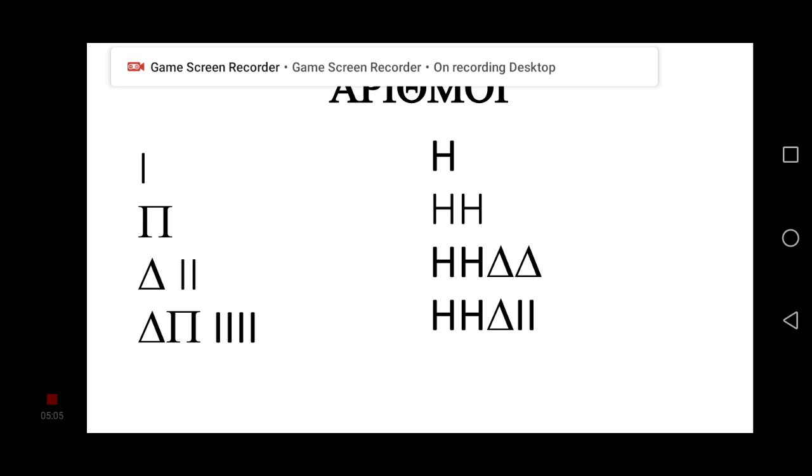Now, arithmoi, sorry it's got a little bit cut off with the banner there. Arithmoi are the numbers. Now, these are not modern Greek numbers. These are actually one of the forms of ancient Greek numbers. There are two major counting systems in ancient Greek, and this is the counting system you'll need if you're going to take the Greek exam.